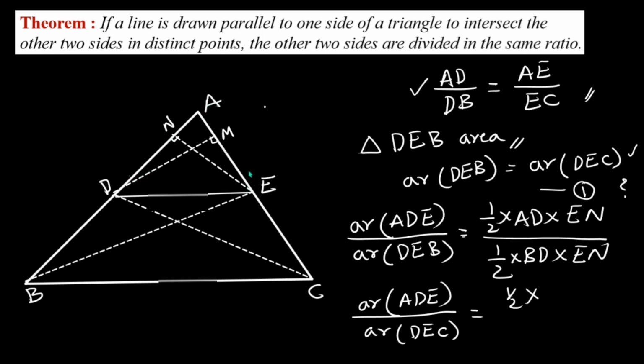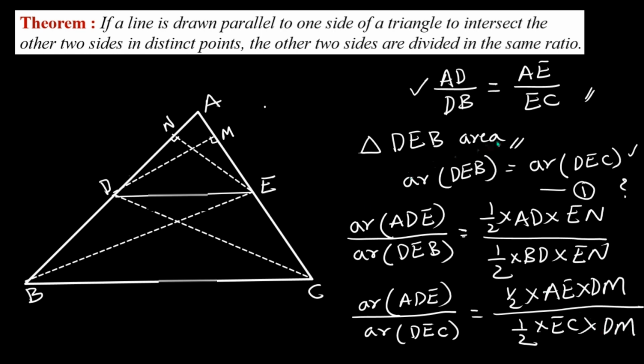Base into height: any side base you can take, any height you can take. While doing this side, I take the base as AE and the height as DM. For the other triangle, I take EC as the base and the height is DM.